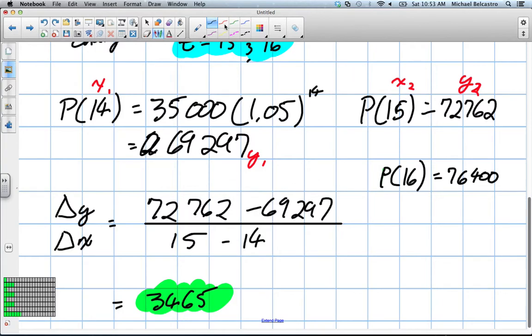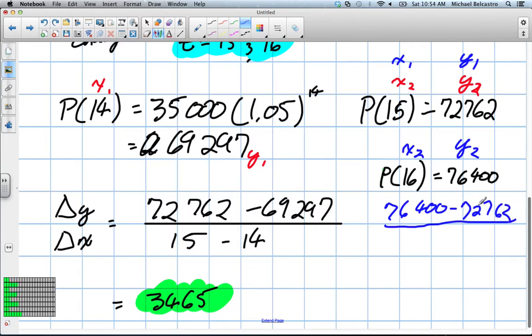In this one we'll just change the values. This will be our x1, y1, and this will be x2, y2. I'll do it in blue, just so you have contrast. 76,400 subtract 72,762, over 16 subtract 15, which is 1.